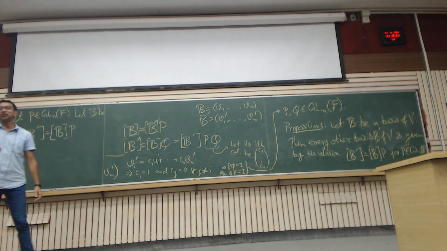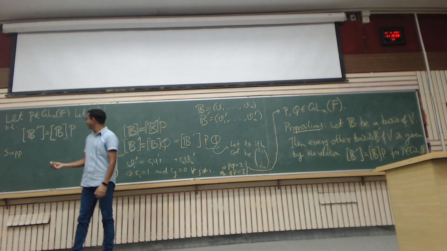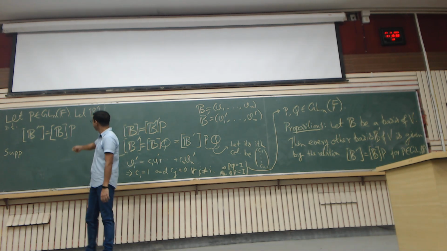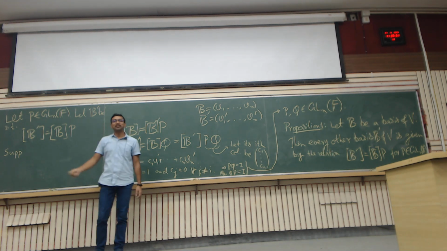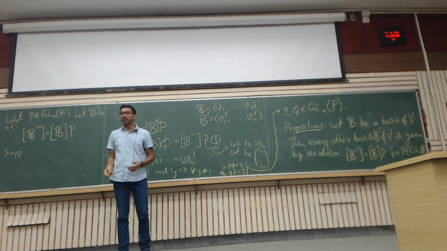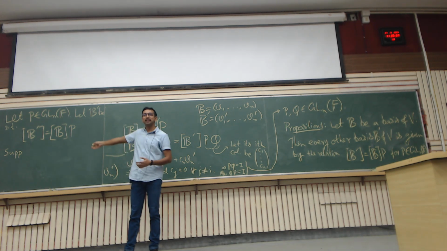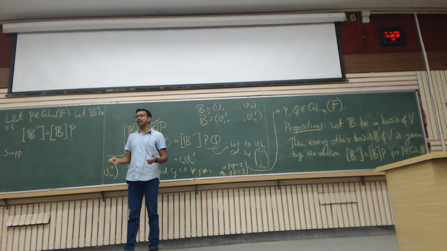You can show that they are either linearly independent or spanning V, because there is P, so every linear combination of B works. So let's show that they span V. That will also do, because there are n elements spanning the entire space. So instead of showing linear independence, we could also show that they're spanning V. And since there are n elements there, they should be forming a basis.